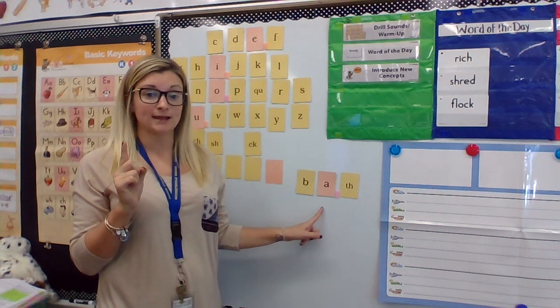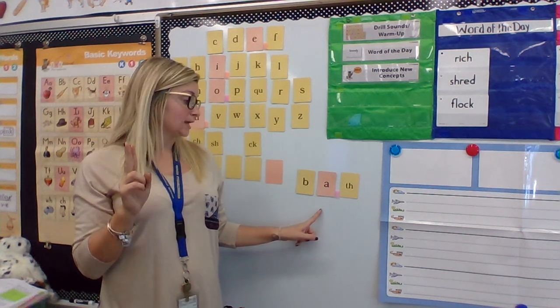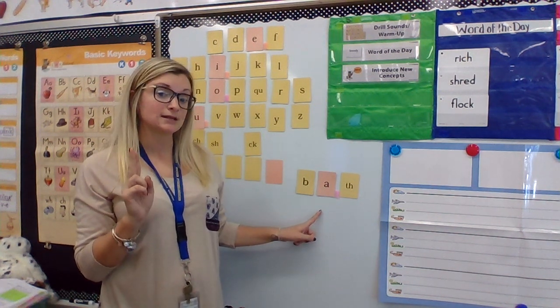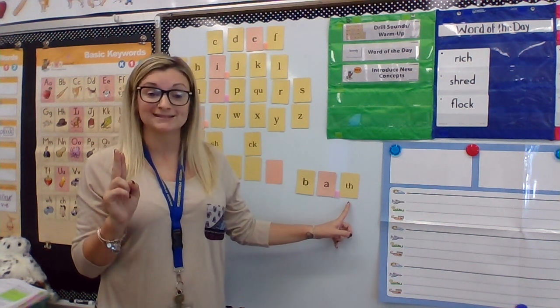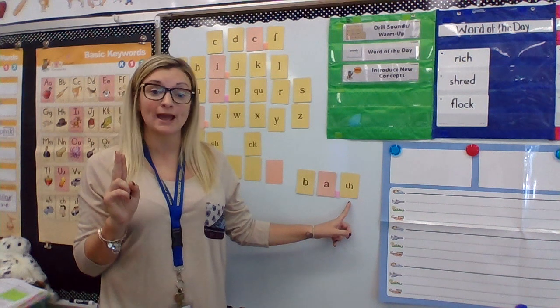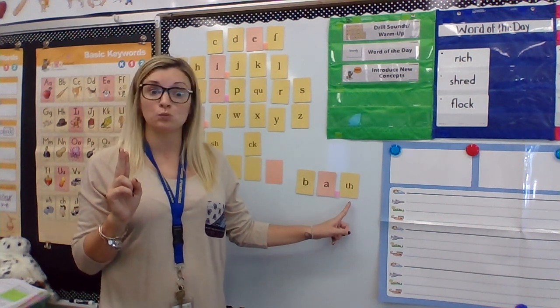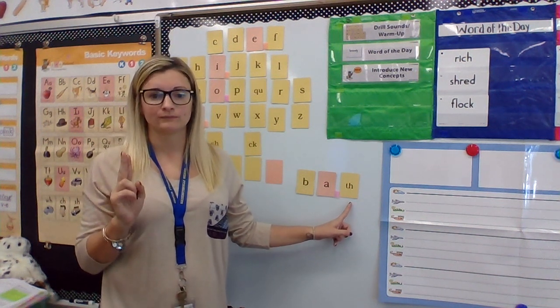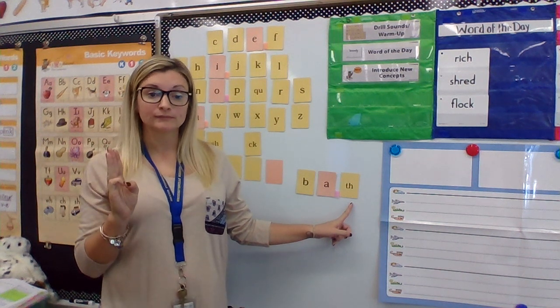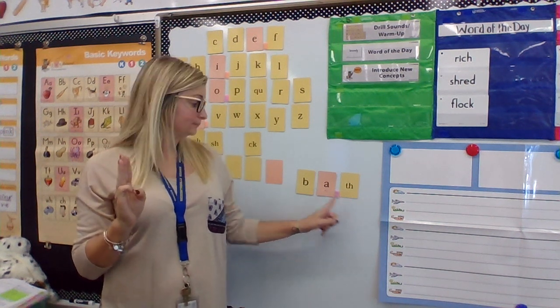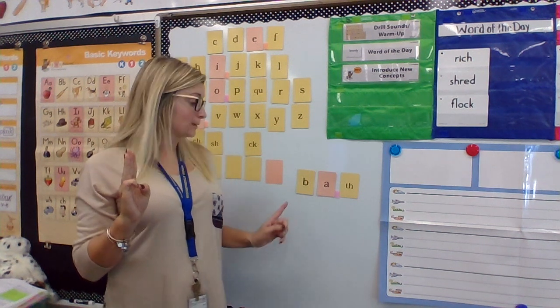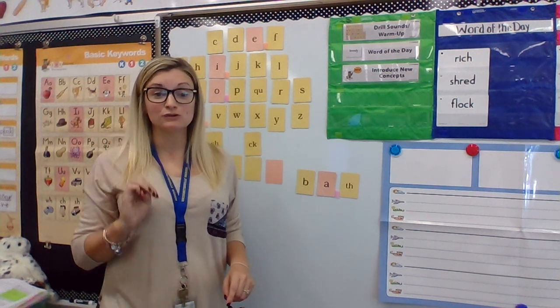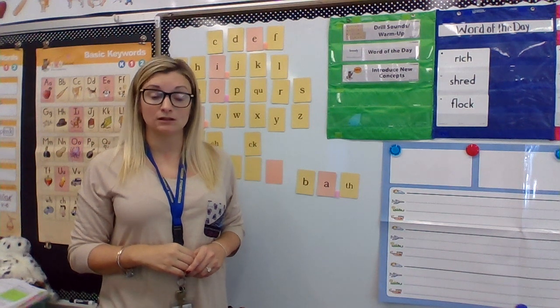Yep, it has an A. Two, is it followed by a consonant? Yep, it's actually followed by two, a T and an H, but that's okay. As long as it has one, then we're okay. Three, the vowel is a short vowel. Yep, it makes that ah sound. So this word bath follows all three of those rules, which means it's a closed syllable.